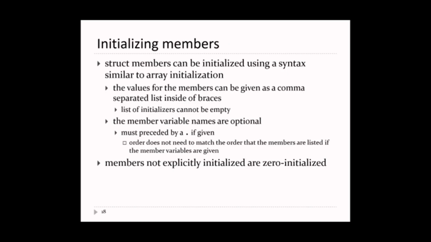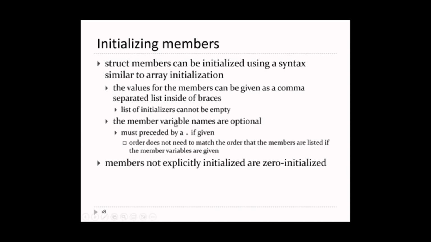All right, so if you have a structure, can you initialize the members of the structure? The answer is yes. C has a special notation for initializing the members of a structure. It looks exactly like the way you would initialize an array. You put some braces down, and then inside the braces you can put the values for the individual members of your structure, separated by commas.